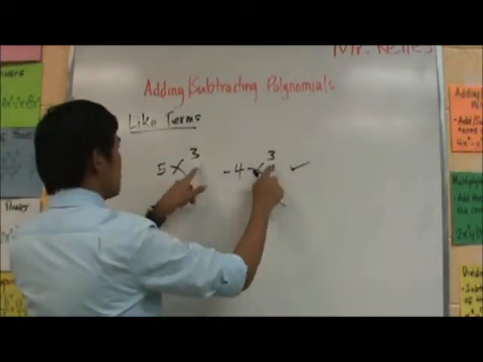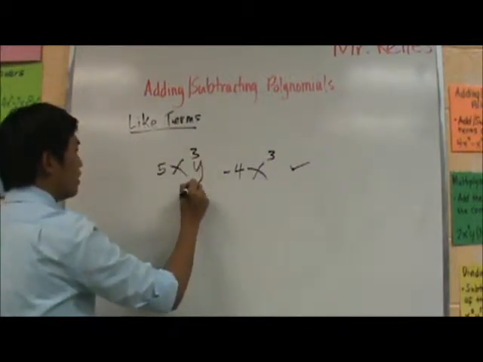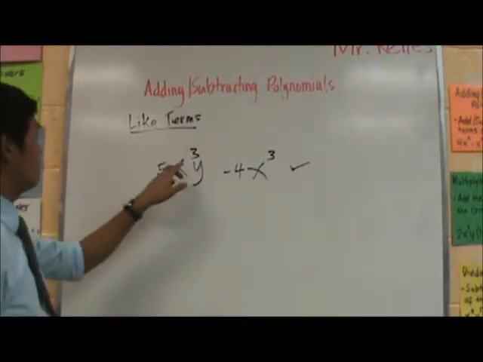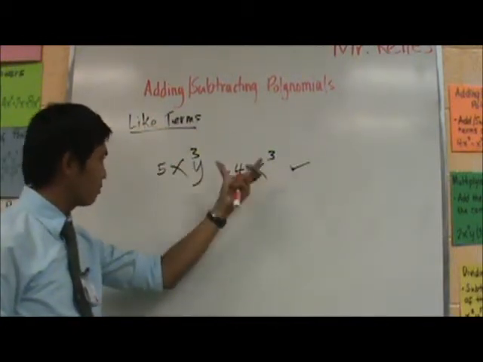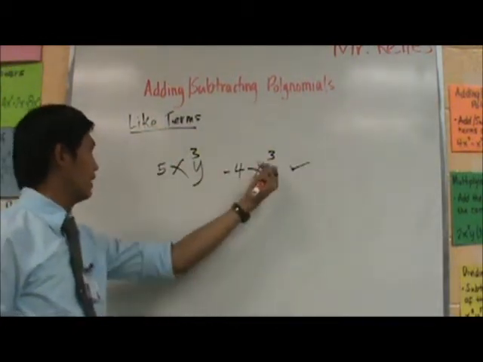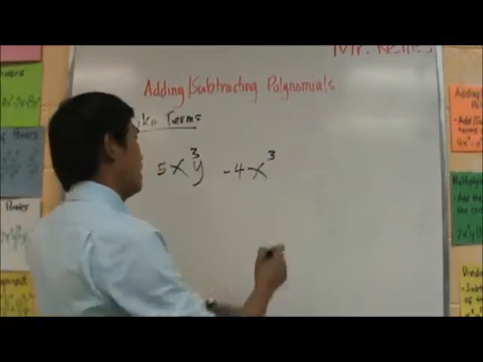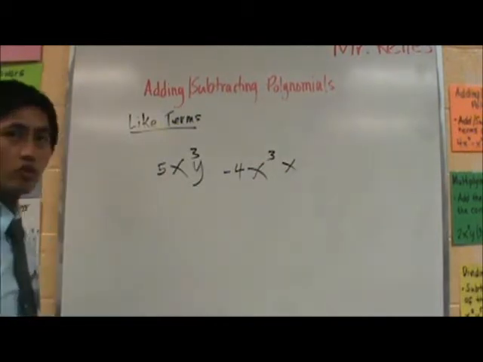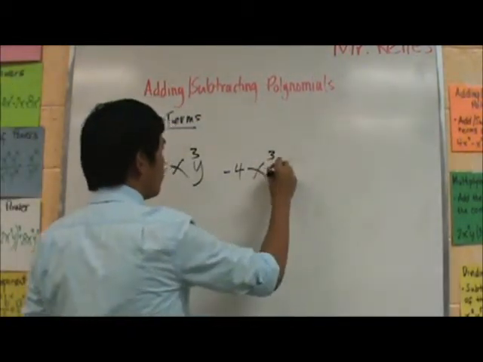Same variable, same exponents. The problem this time is, what if I put a y here? They have the same variable, same exponent, but this second monomial does not have a y. So I would say that they are not like terms, unless I add another y.